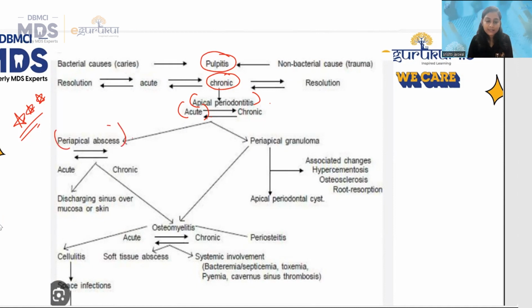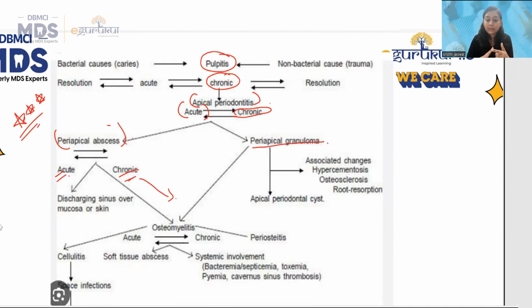Now this periapical abscess, the patient can show an acute presentation or a chronic presentation. In the acute presentation, the patient will come with a sinus present in the mucosa or the skin, while in the chronic it will undergo osteomyelitis. Same with your chronic apical periodontitis, it will have a periapical granuloma.